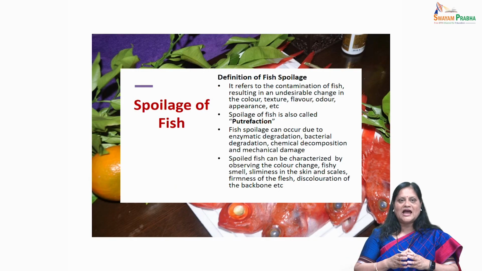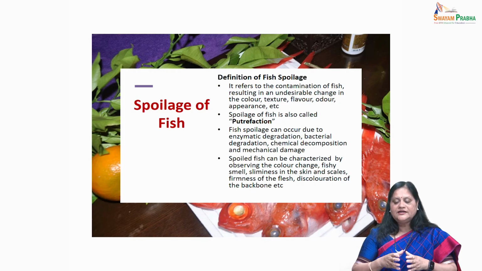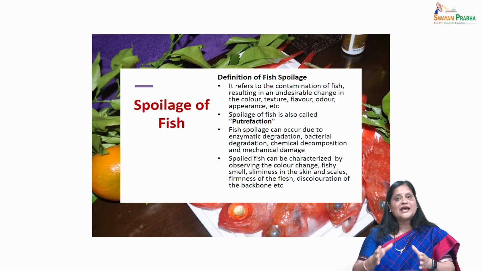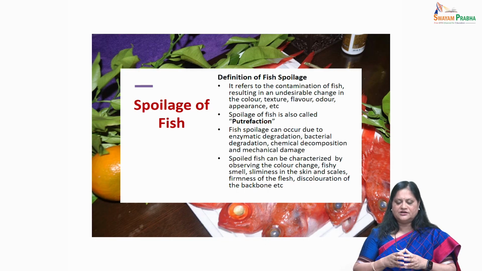Let us understand spoilage of fish. It refers to the contamination of fish resulting in an undesirable change in the color, texture, flavor, odor, appearance, etc. Spoilage of fish is also called putrefaction.